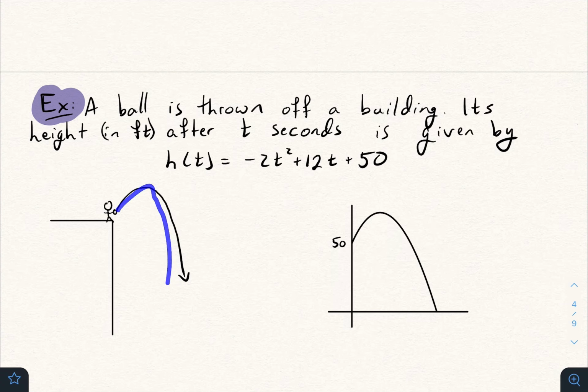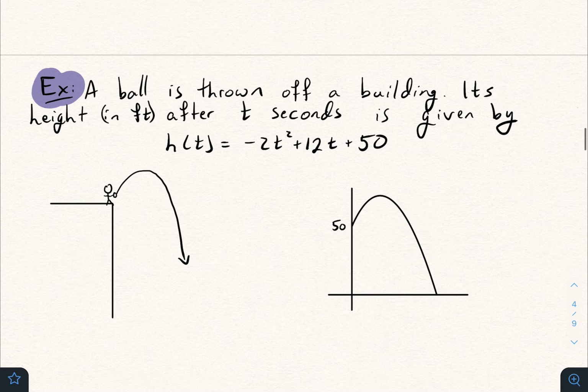When you throw a ball up and off a building, it's going to follow this arcing trajectory. And the graph is basically just going to take those heights and graph them over time. You might not get the exact same trajectory curve, depending on where you throw it, and you'll still get the same graph.